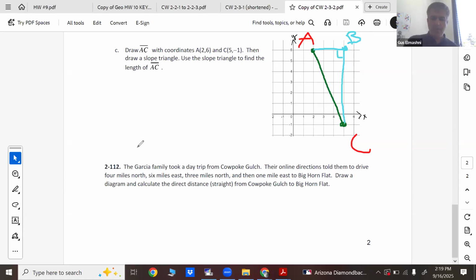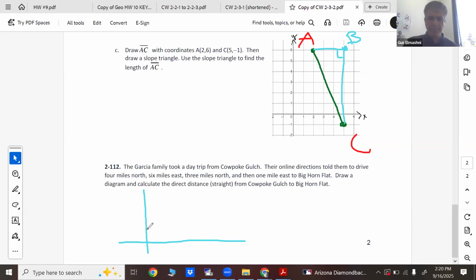And for 112, the Garcia family took a day trip from Cowpoke Gulch. Their online directions told them to drive 4 miles north, 6 miles east, 3 miles north, and 1 mile east to Bighorn Flat. Draw a diagram to give the direct distance. You can draw another one.